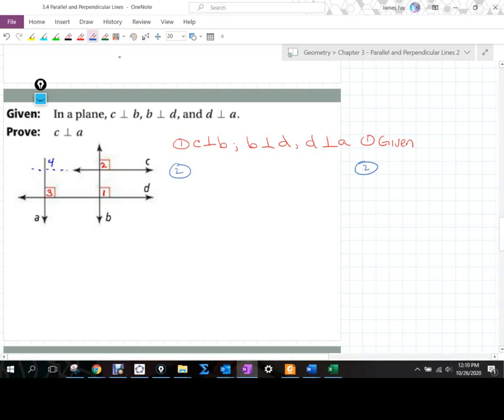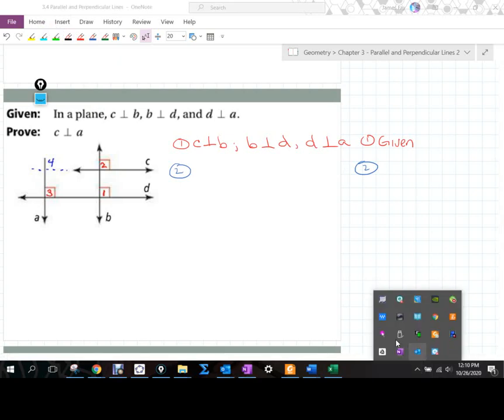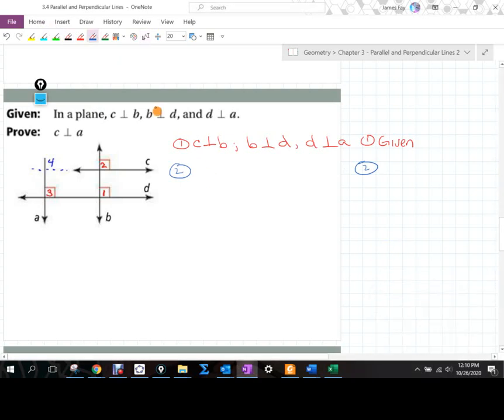When we introduce new concepts and new vocabulary words, I like to show a proof that uses those. So we have this given information that says C is perpendicular to B. Even though it's a symbol, it stands in for a vocabulary word.